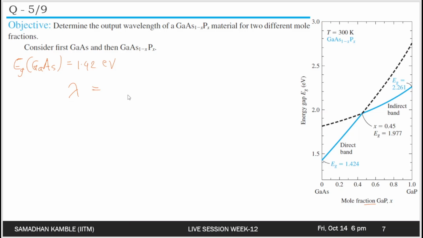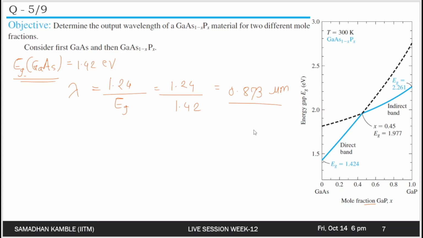In terms of electron volt, it is simply 1.24 divided by the energy, that is Eg. So 1.24 over 1.42 is nothing but 0.873 micrometer. So this is the wavelength of the emitted photon of a gallium arsenide material.